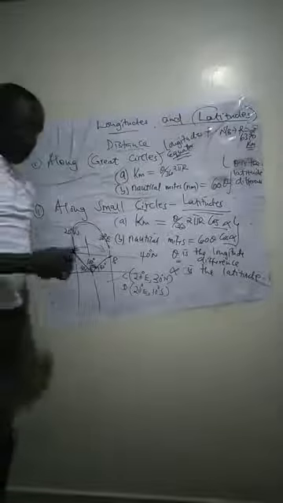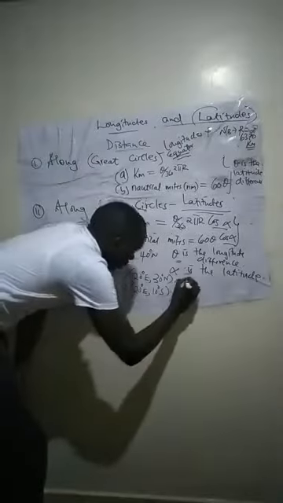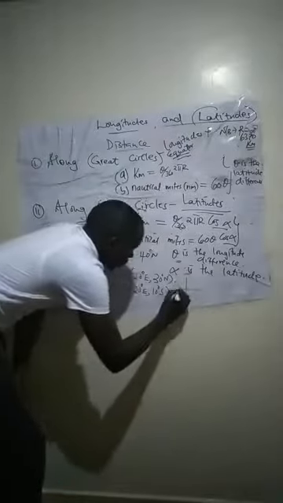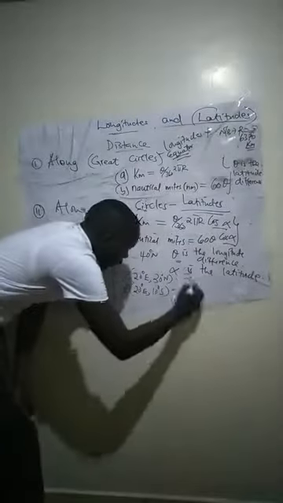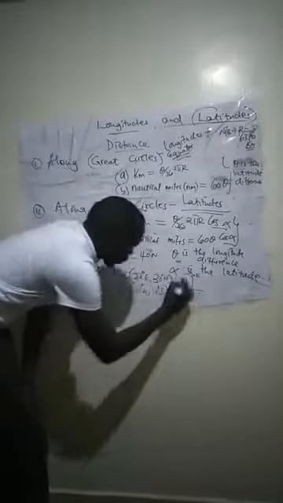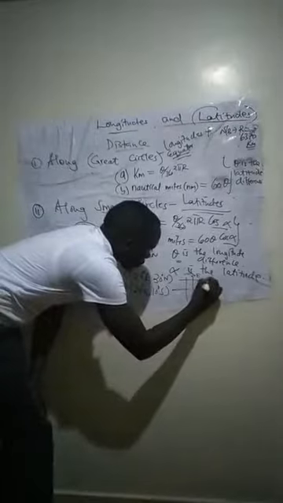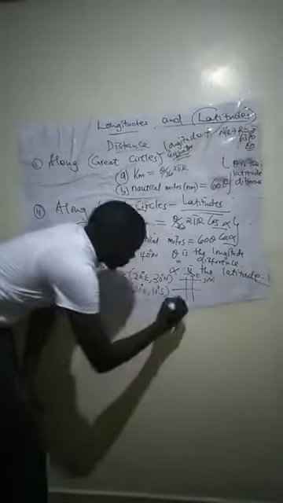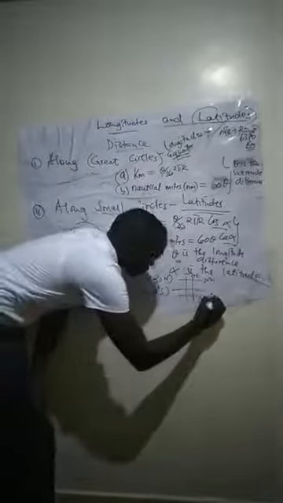If you were to get the latitude difference in this case, maybe I can just sketch it here, very small one. We have 20 degrees east, so it's on this side. 20 degrees east for the longitude, 30 degrees north. 30 degrees north. We also have 10 degrees south. 10 degrees south.